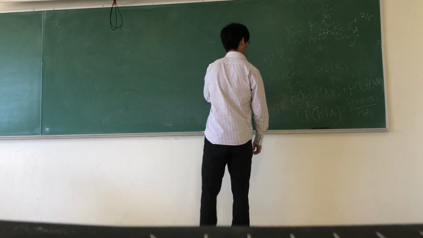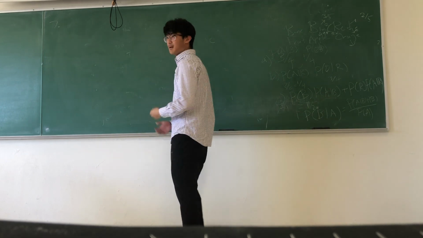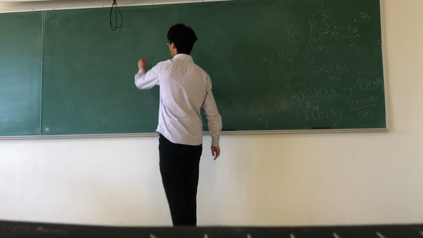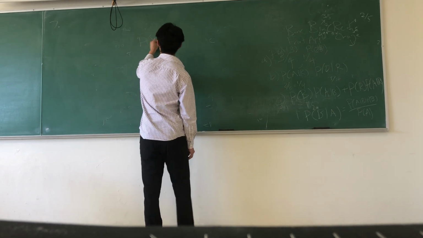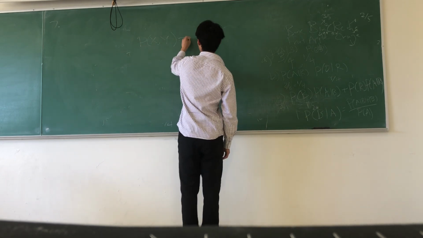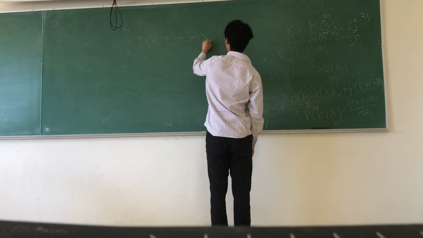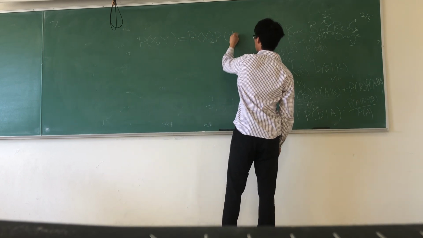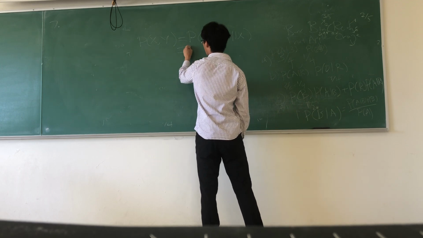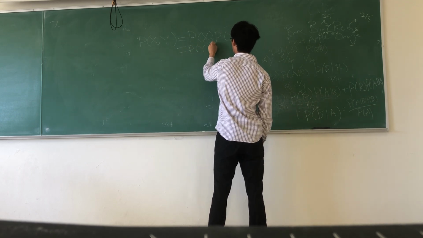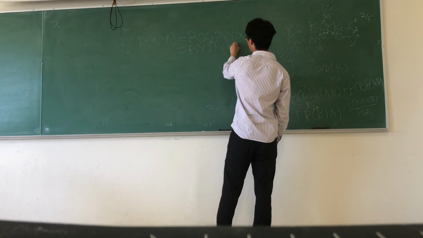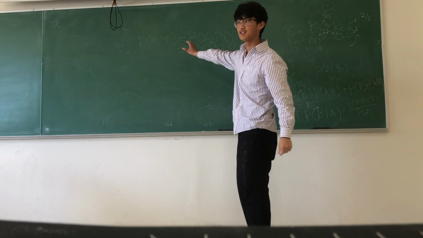So what is Bayes' rule? The easiest way to remember Bayes' rule is by starting from a joint probability P of x and y. We can rewrite this as P of x times P of y given x. But we could also write it as P of y times P of x given y. So all of these things are equal.